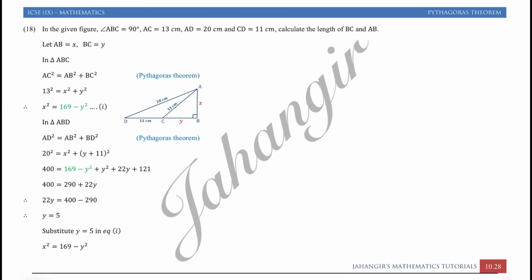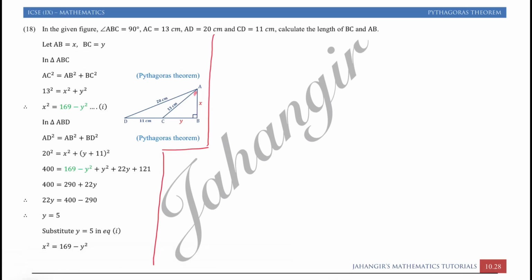Next question is exactly of the same type. In the given figure, ABC, AC is 13, AD is 20 centimeter, CD is 11 centimeter. We have to find the length of BC and AB.